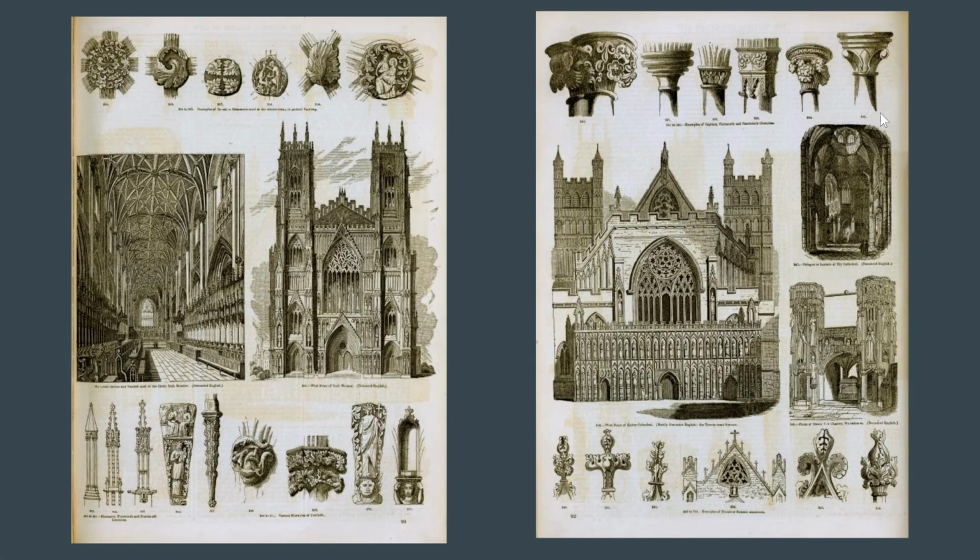Columns were borrowed from the Greeks, like Ionic, Doric, and Corinthian columns. We didn't talk about them yet, but maybe in the future. And yes, lots and lots of decorations. It was very ornate.